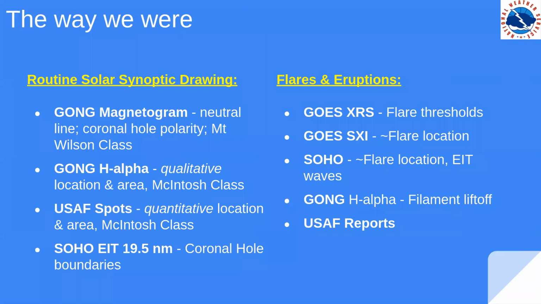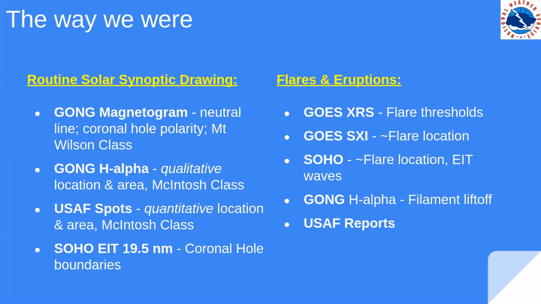So what were we doing in the past? For our routine solar synoptic drawing, we'd get a magnetogram from GONG. The things we'd look for include neutral line and polarity of the coronal holes and Mount Wilson classification.